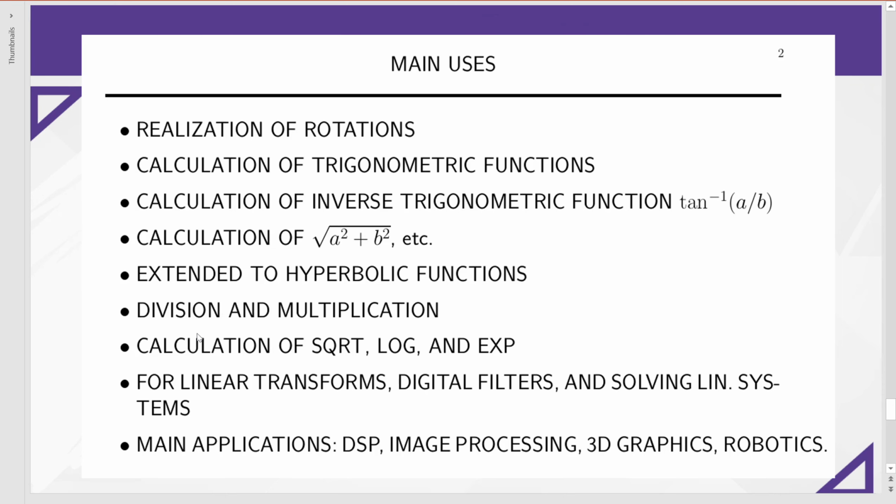Main uses are realization of rotations, calculation of trigonometric functions, inverse trigonometric functions, magnitude functions (square root), extension to hyperbolic functions, division and multiplication, calculation of square root, log and exponential, linear transformation, digital filters, and solving linear systems. These are the applications.